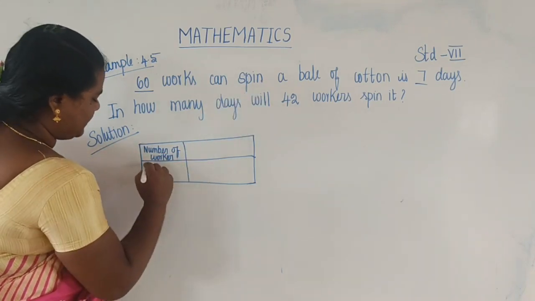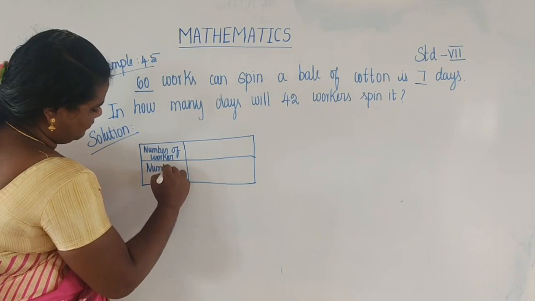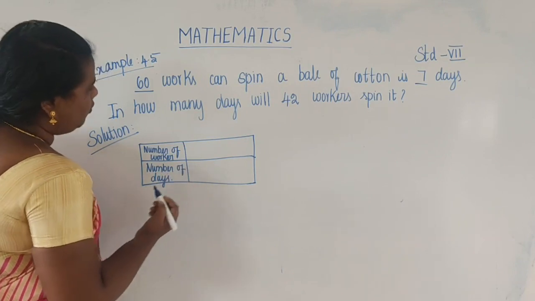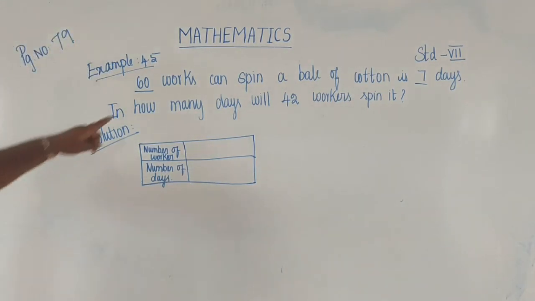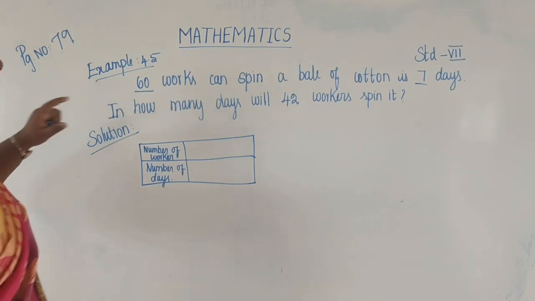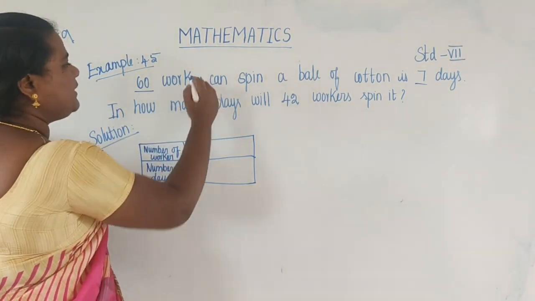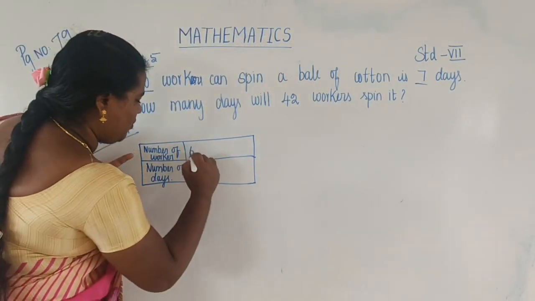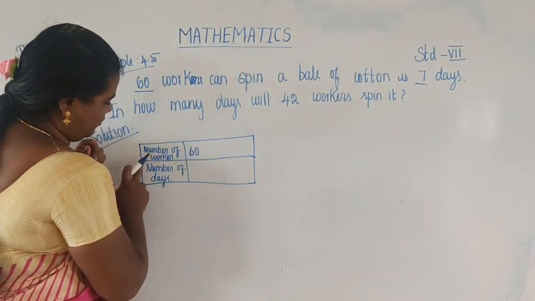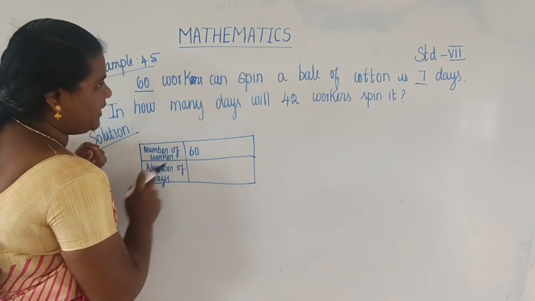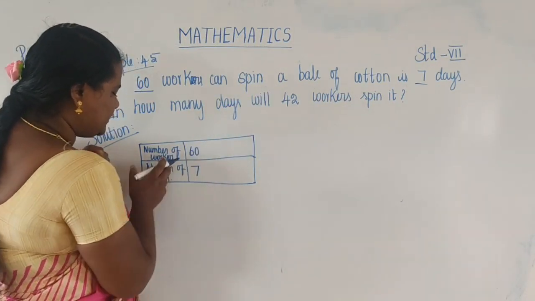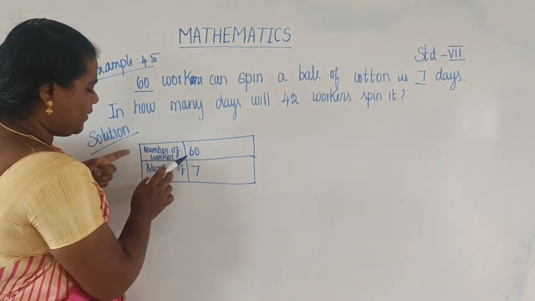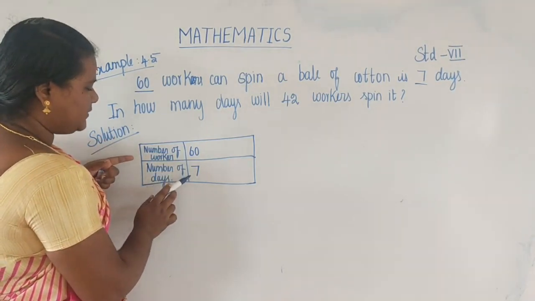Next, number of days. 60 workers complete the work in 7 days.